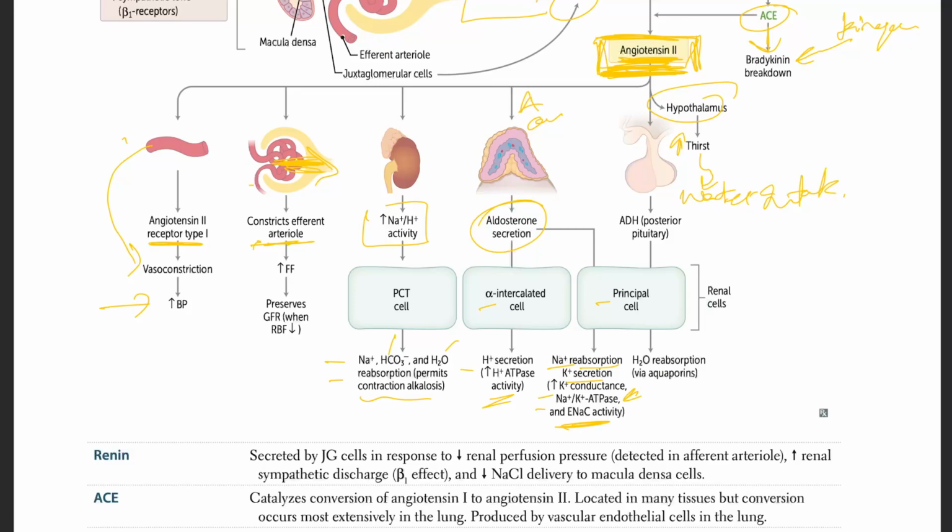Second thing, it also acts on the posterior pituitary and releases ADH. That ADH is going to go to the principal cells and causes water reabsorption. So you're taking water in from outside, as well as reabsorbing water from the body, so that water excretion is very low. Reabsorbing and also intaking.